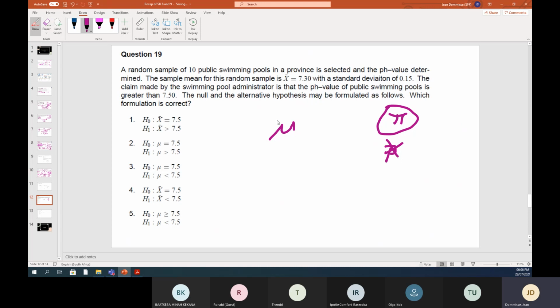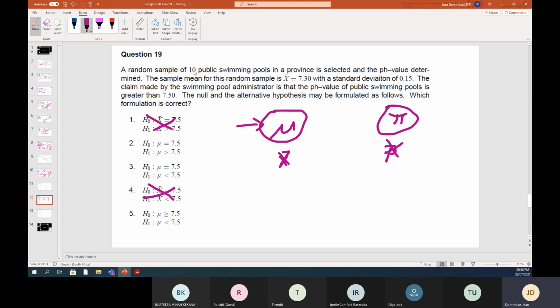So when we look at the mean, this will be the sign that we use for the mean. We will not use this one. This is the standard that we use when we work with hypotheses. So if you look at this set of options, not an option, not an option, because it needs to be the mean. Okay, so then let's go and look at what else they give us.